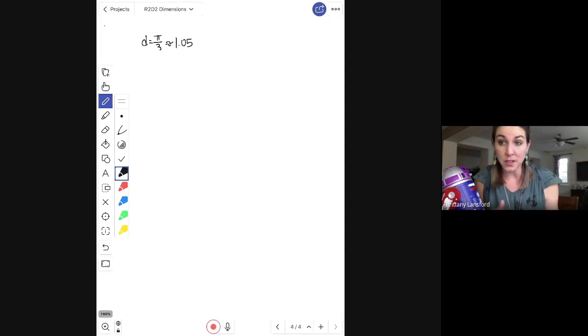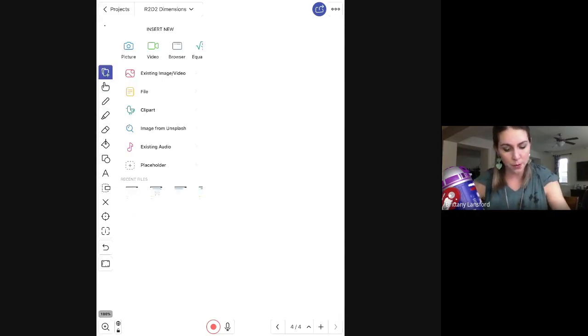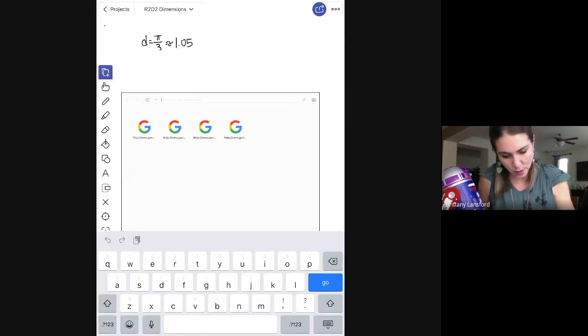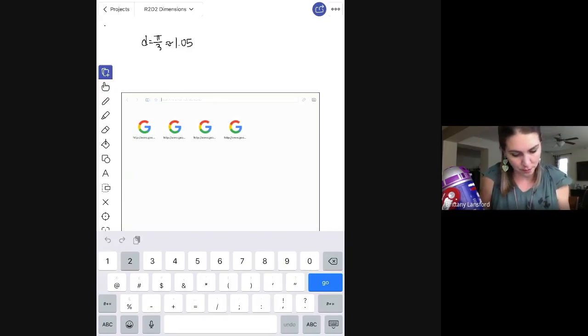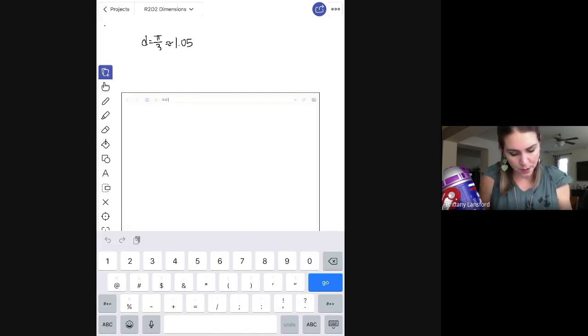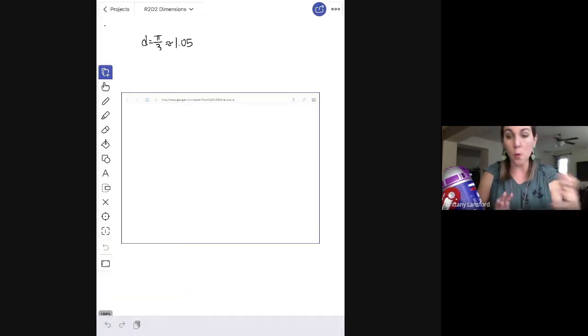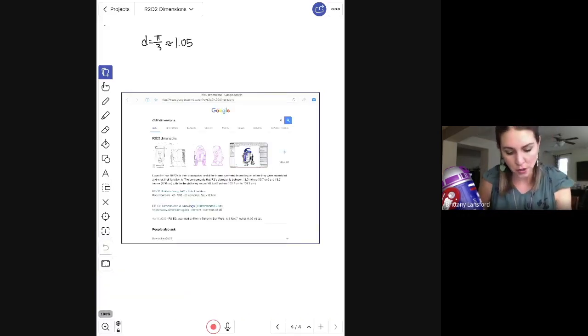So this begs the question, is this one particular instance the instance of our friend R2? We need a little bit more information. So I'm going to go to a browser and type in R2D2 dimensions to figure out the actual dimensions of R2D2.